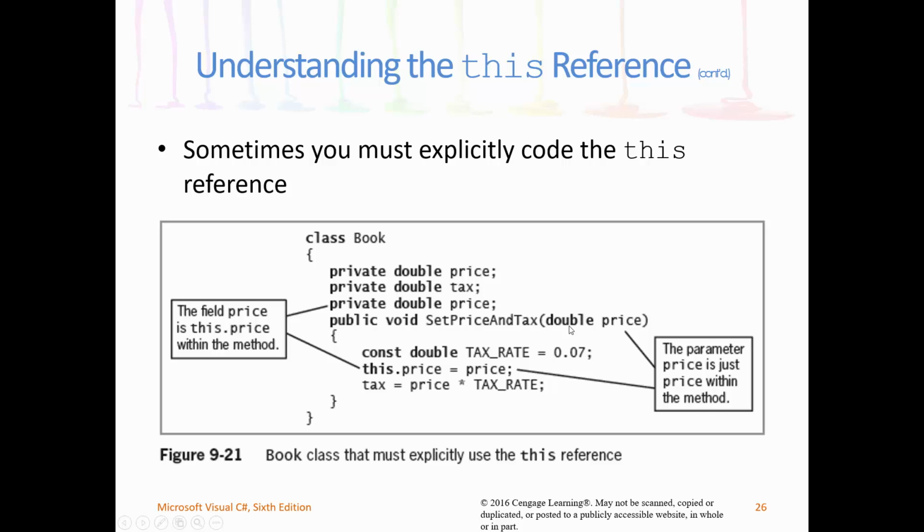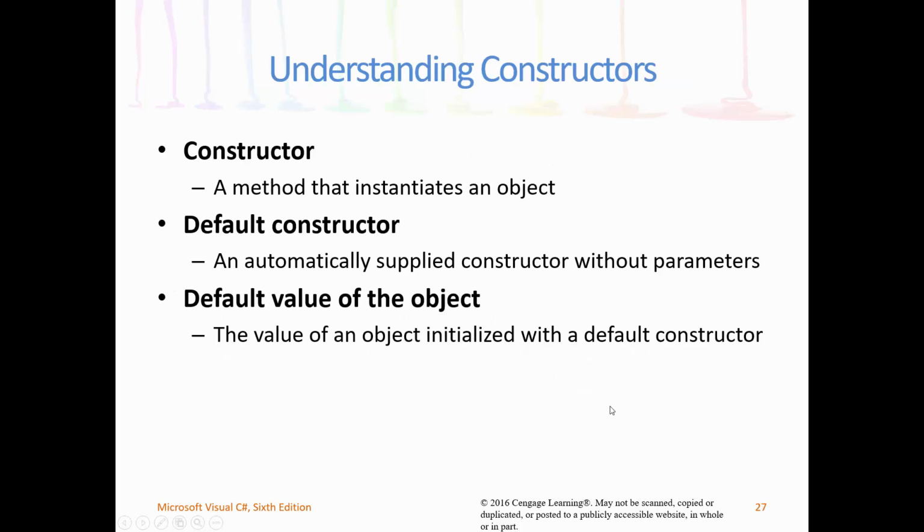So when you have a parameter in a method, and that parameter has the same name as the actual attribute name that it's talking about, then you need the word this. Otherwise, it's optional.